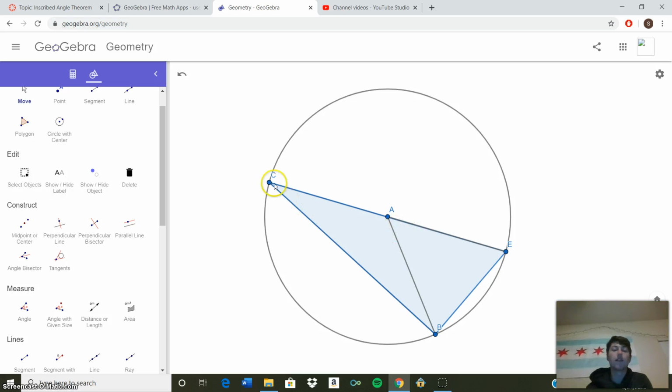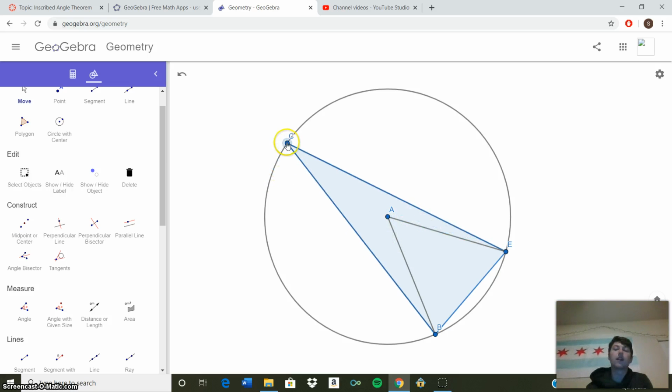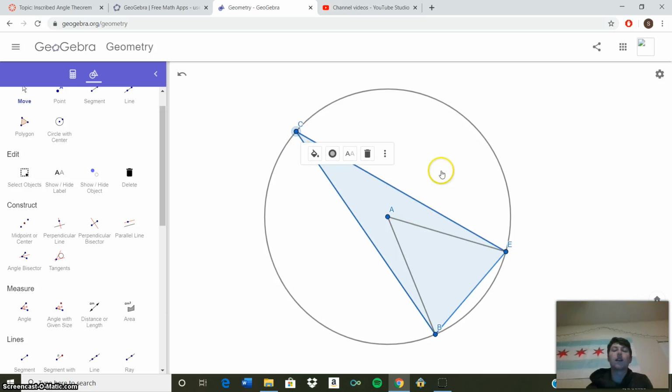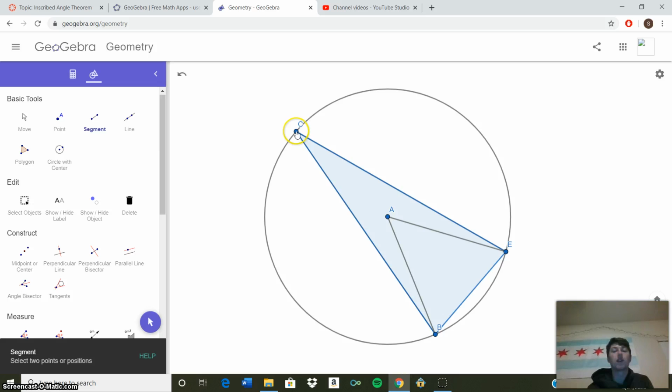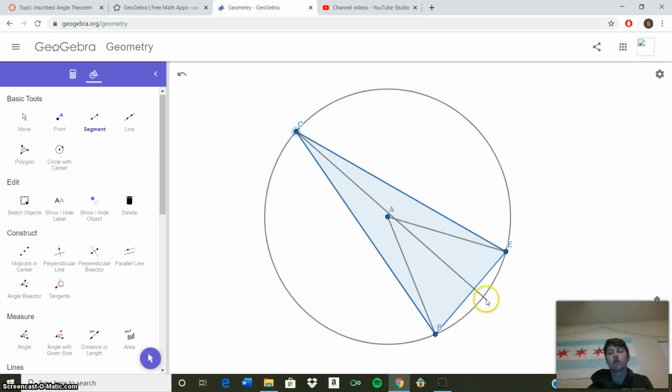Another case we have is if we move C here and it is no longer on the diameter. However, we can still draw a diameter. Let's draw it like this, through A, draw it like that. In a lot of these we can use what we've already learned.